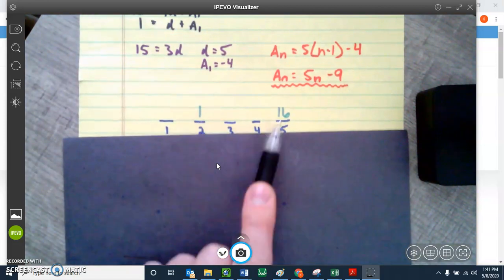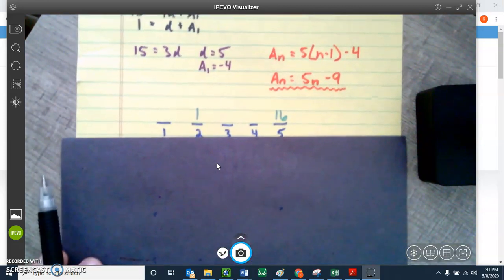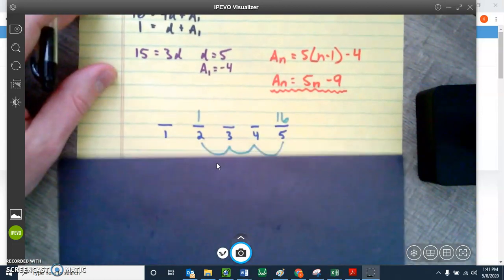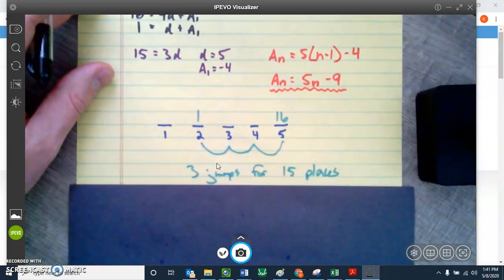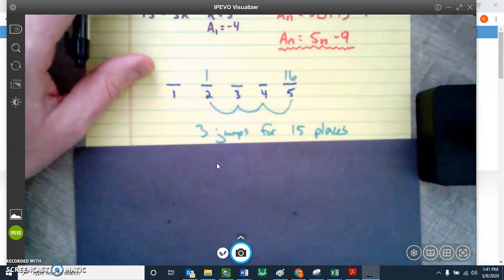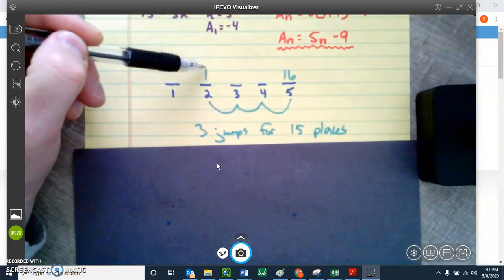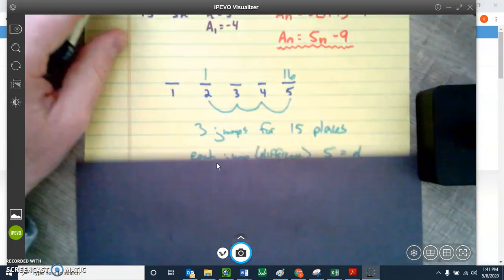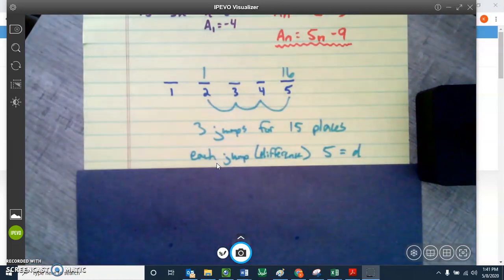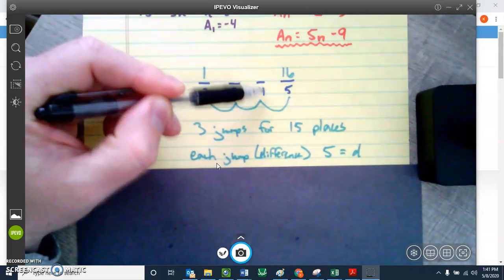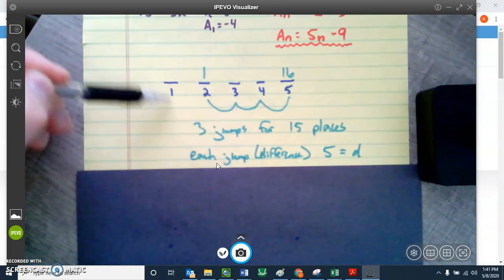If I'm going from 1 to 16, I need to cover 15 spaces in 3 jumps. Just using some logic there, each jump is 5. And these jumps are the common difference. What I'm adding: add 5, add 5, add 5. So where do you solve for d? D is 5.